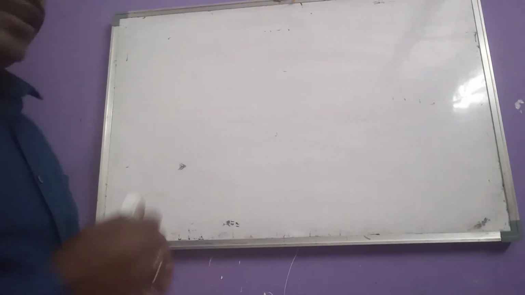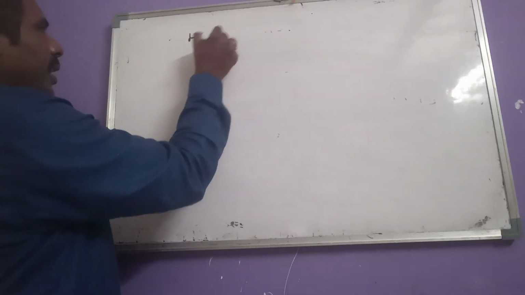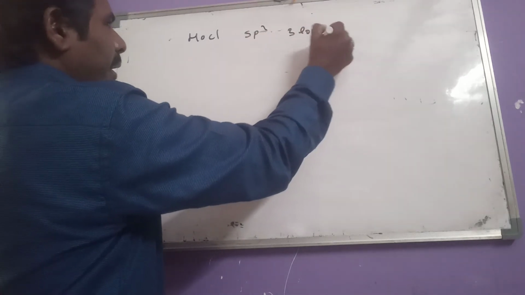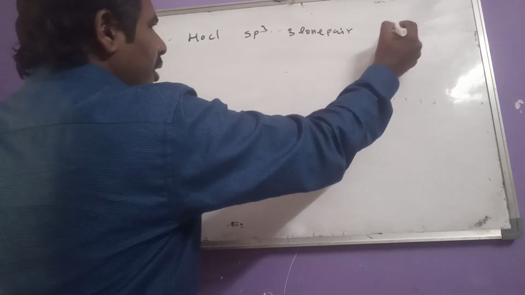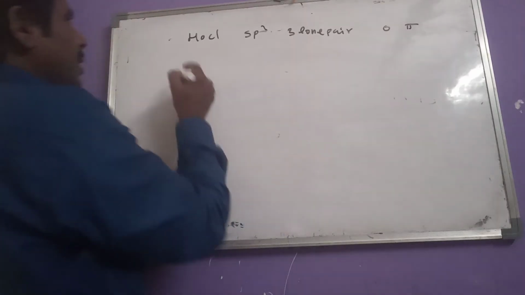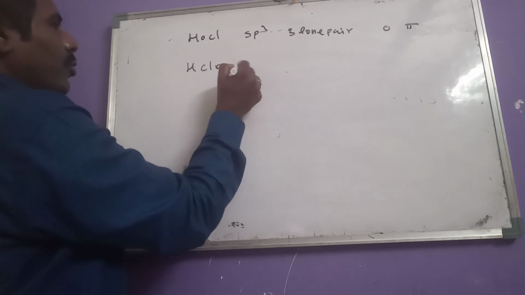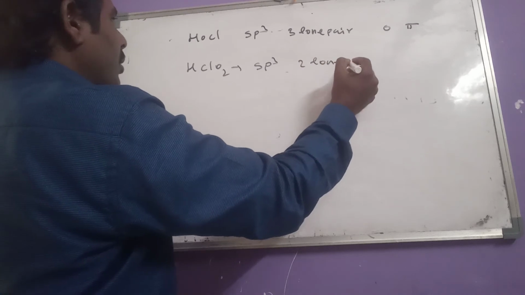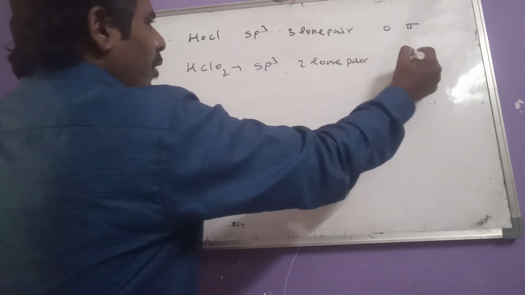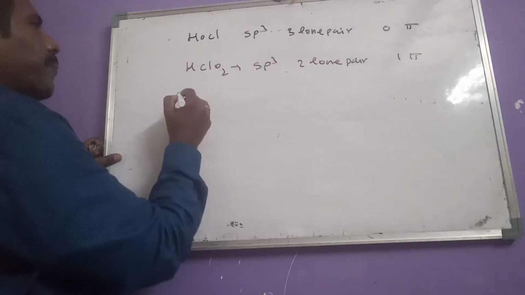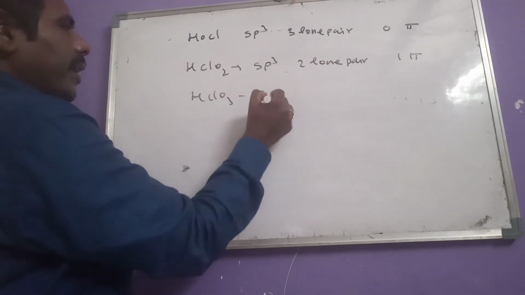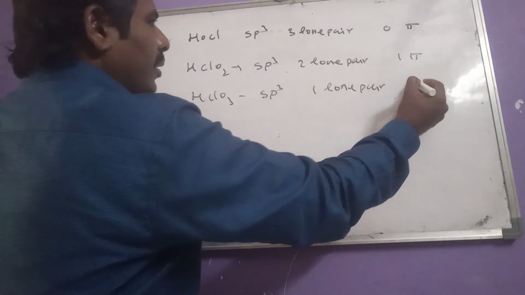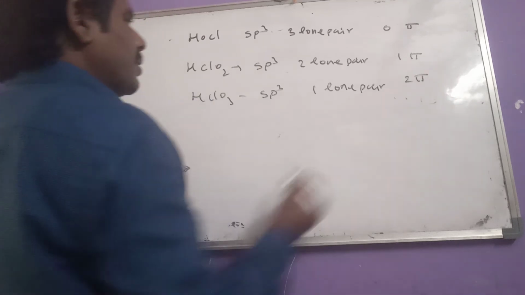So now let us give the clarity here. In HOCl, sp3 hybridization, but three lone pairs of electrons and zero pi bonds. In HClO2, again sp3 hybridization, but only two lone pairs of electrons and one p pi d pi bond. In HClO3, again sp3 hybridization, but only one lone pair of electrons, and two pi bonds are present.